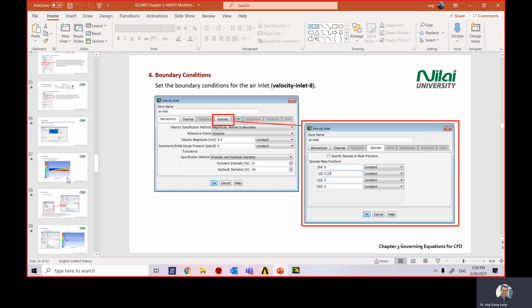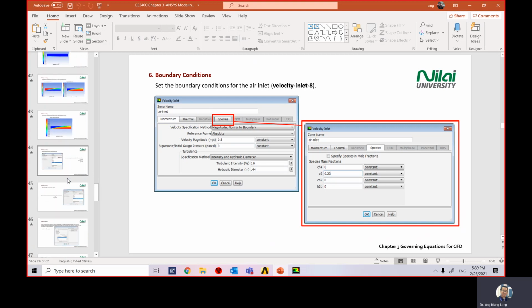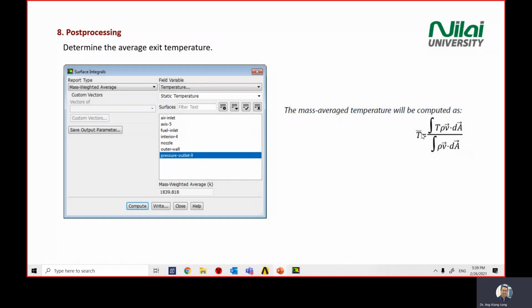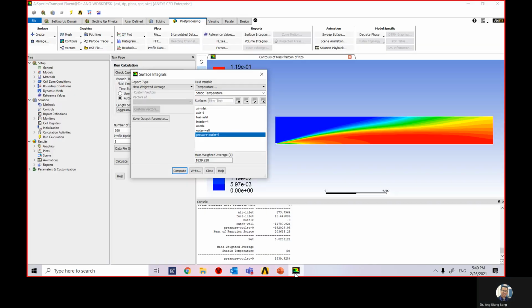Let me show you. I have it in my slides. By this formula, the mass average temperature is given by the integration of this portion divided by this portion. All right.